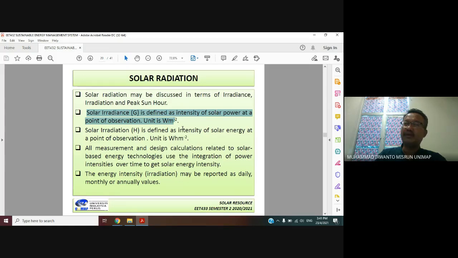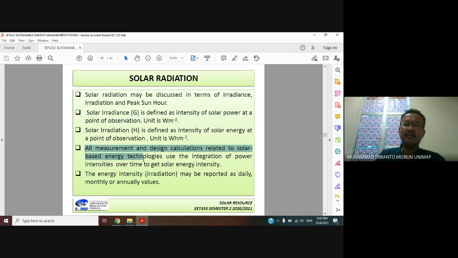point of observation. The unit is watt per meter squared. And then solar irradiation, to which we give the symbol H, is defined as the intensity of solar energy at a point of observation, with the unit watt hours per meter squared.